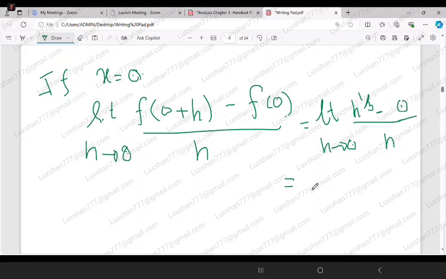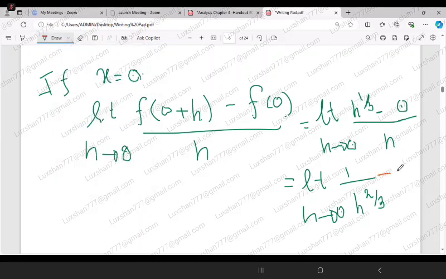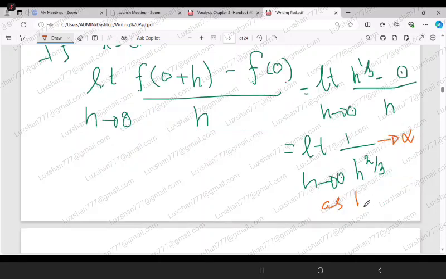So we have 1 over h to the power 2 by 3. In fact, this limit tends to infinity as h tends to 0.